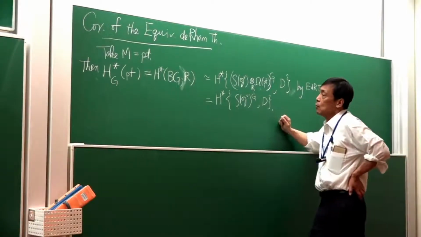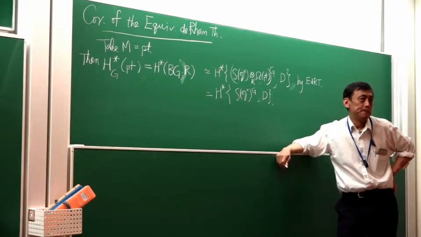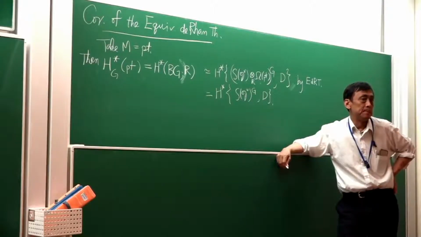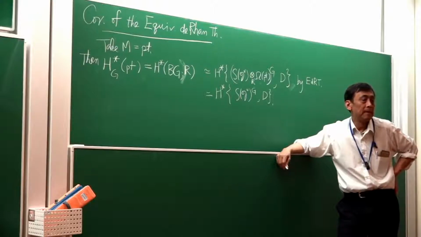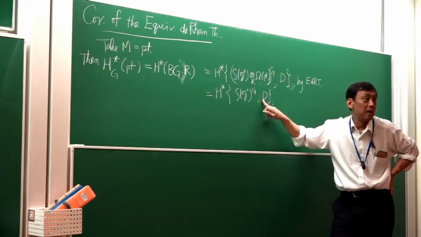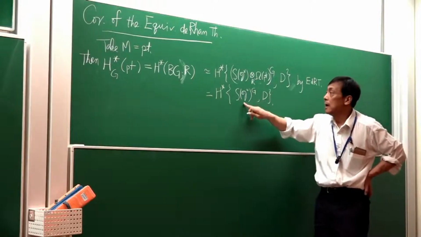Okay. Now, what is this cohomology? But then you have to know what are the invariant elements.